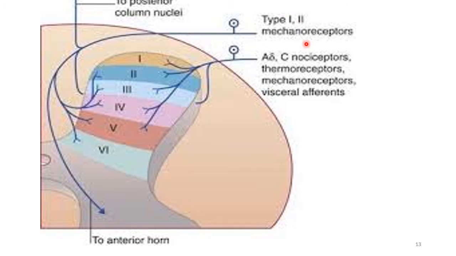While these two types of fibers, like pressure and fine touch, are by the fibers 1 and 2. So the dorsal branch, or you can say medial branch, is responsible for fine touch.